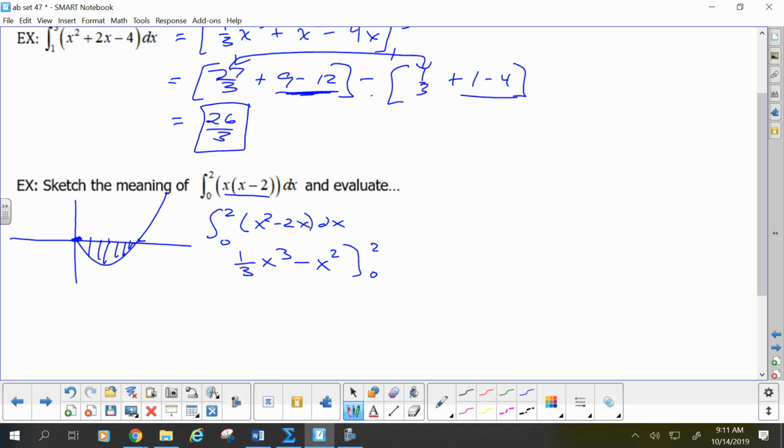When I evaluate at 2, I would get 8/3 minus 4. And when I evaluate it at 0, I would get 0. So 8/3 minus 4 is negative 4/3. Now this is negative because the y values are negative, yeah?